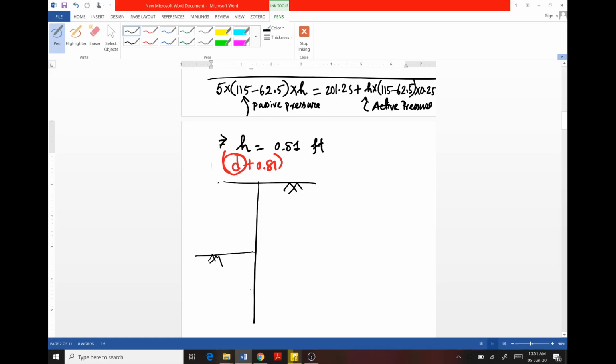This is the unsupported length, as I have discussed already in the class in detail, and this is the embedment length. So what happens when we are doing this for granular soil?